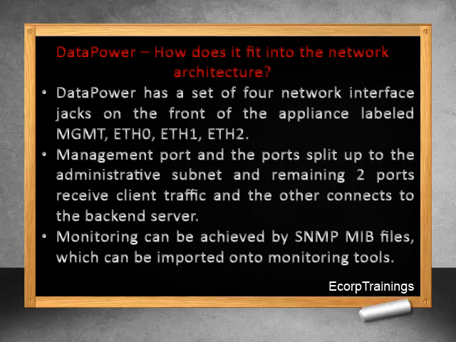A number of network protocols are supported on the appliance: HTTP, HTTPS, FTP, FTPS, SFTP, NFS, MQ, JMS etc. Monitoring can be achieved by SNMP, with MIB files that can be imported onto monitoring tools.